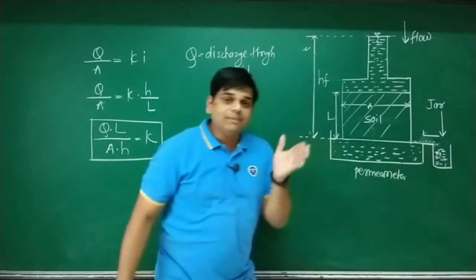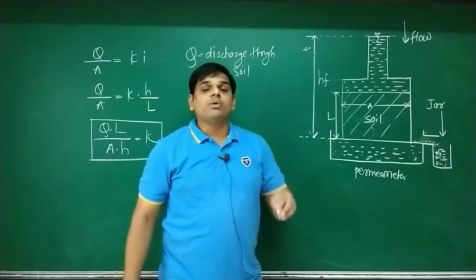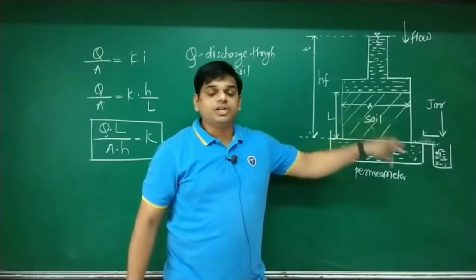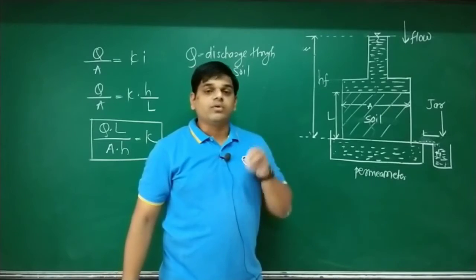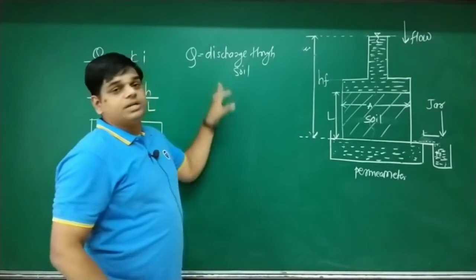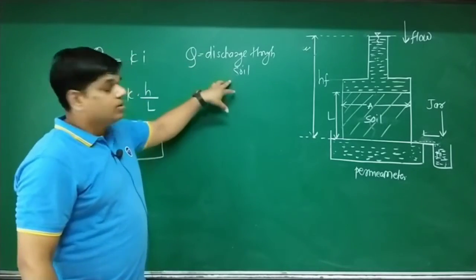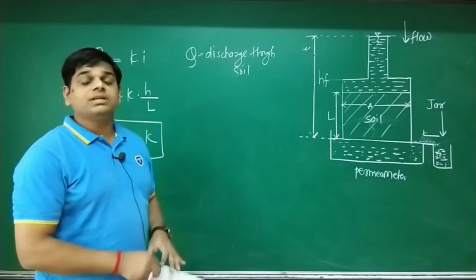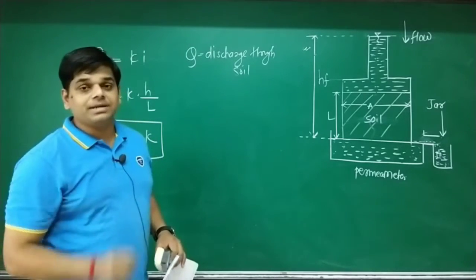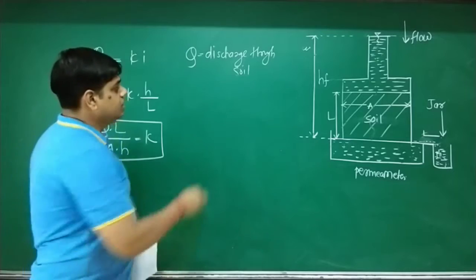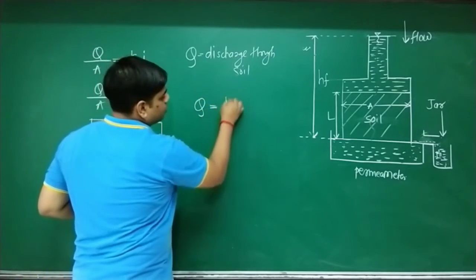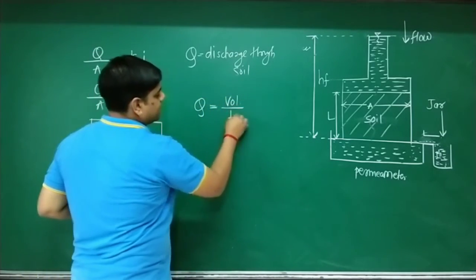Within that time span of 2 minutes, the volume of water collected in the measuring jar is what we use to calculate the discharge. So discharge is equal to volume upon time.